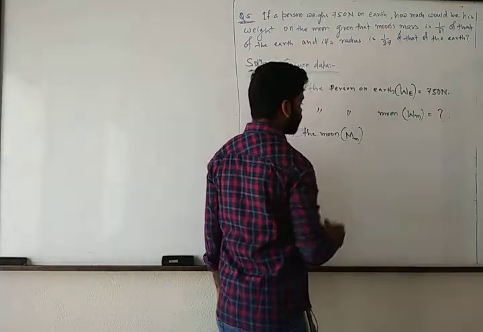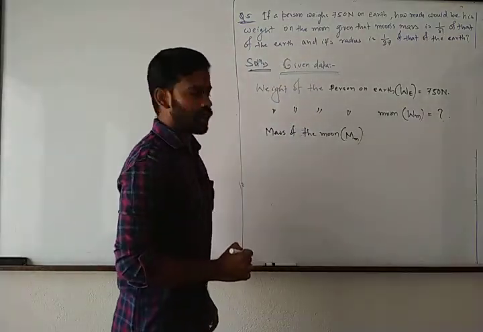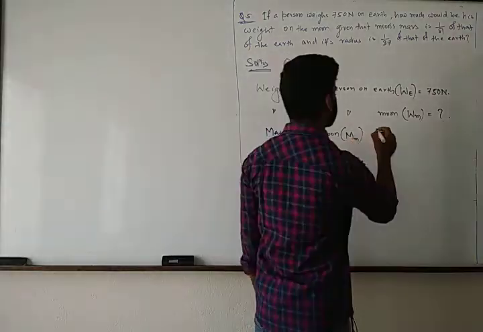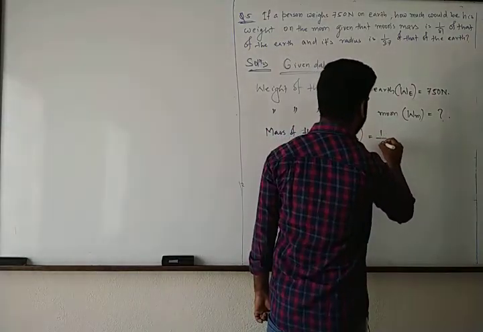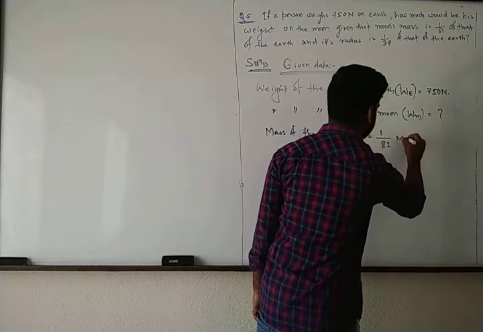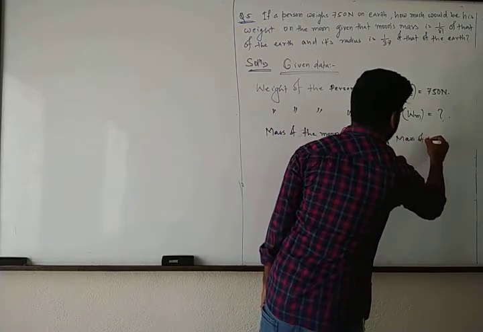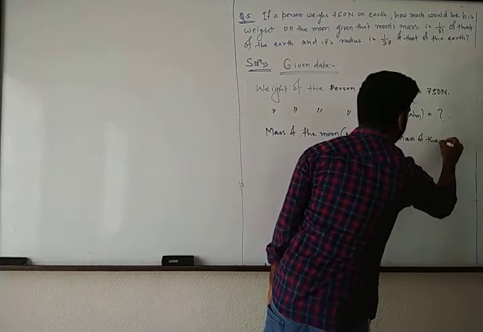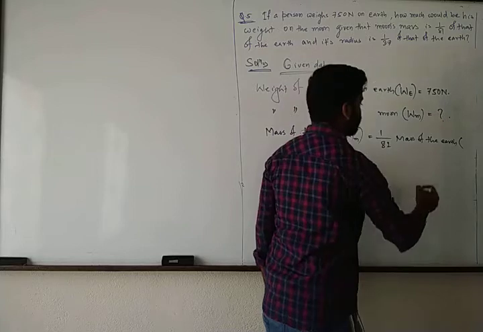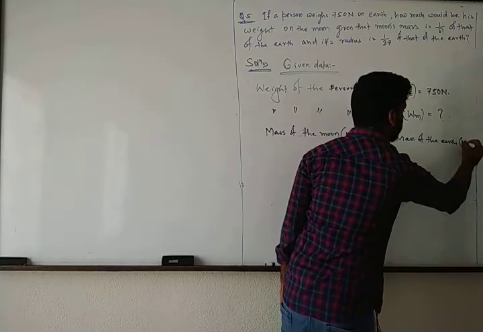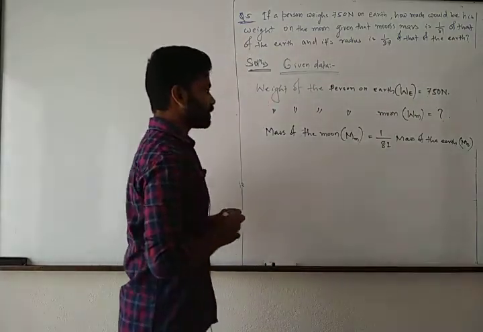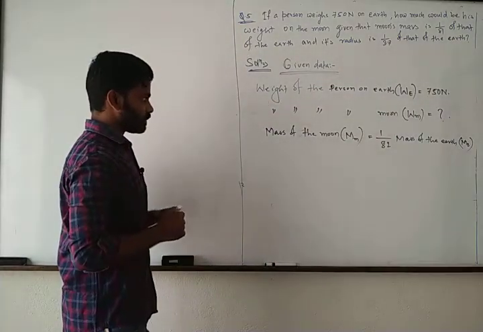The small m is for the moon. Okay. So mass of the moon is 1/81 times that of the mass of the earth. So let it be capital M subscript capital E, which represents the mass of the earth.